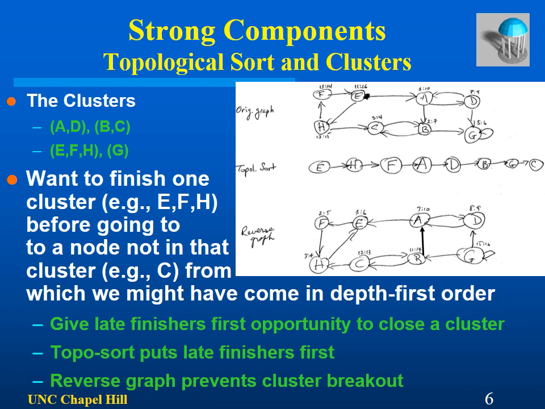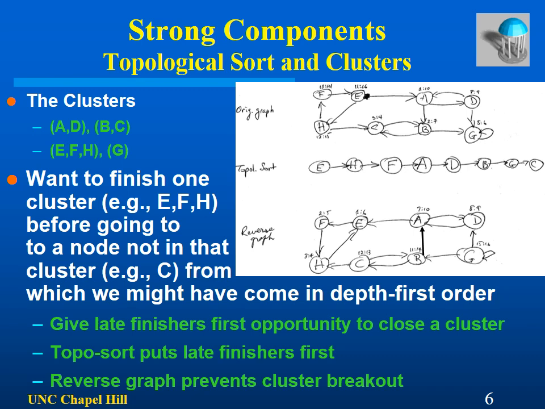and we still have E, F, and H not yet treated. We take the first of those in alphabetical order, E, open it at time 11. We then follow its arc to H, opened at time 12.